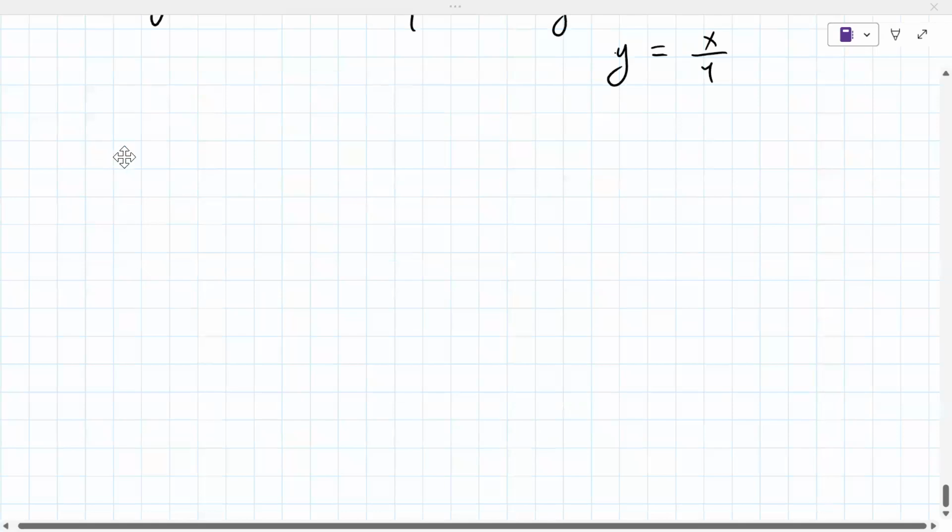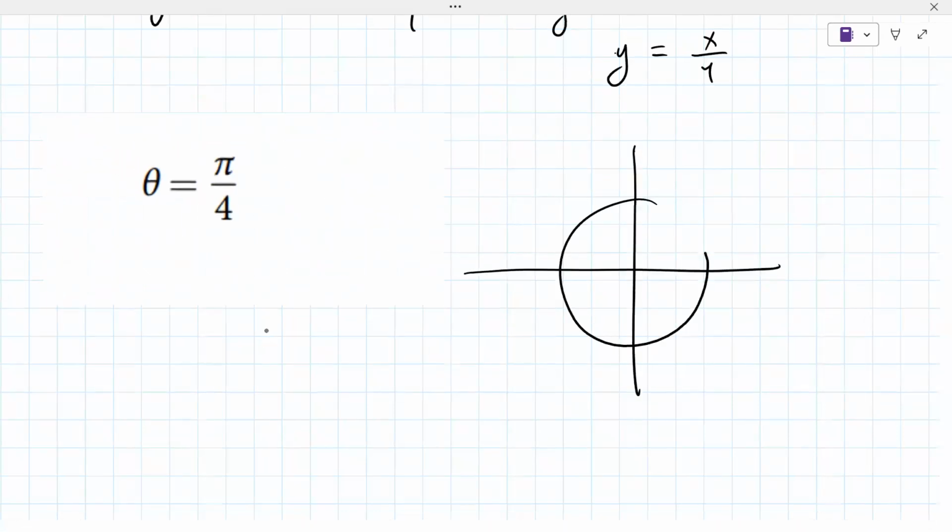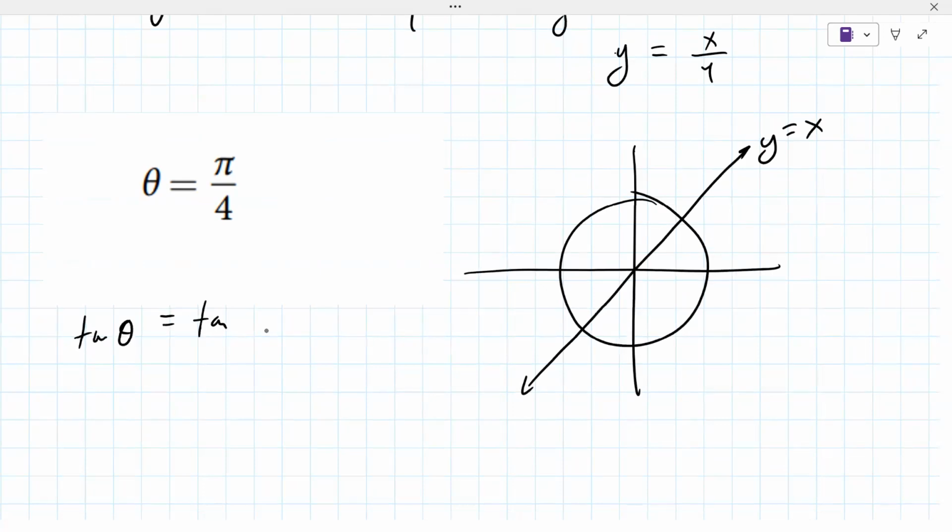A couple of oddities that we hadn't looked at. So the graph of theta equals pi over 4 is this line right here, which has the equation y equals x. Now, if you recall, the tangent of pi over 4, what's the tangent of pi over 4 from your unit circle?